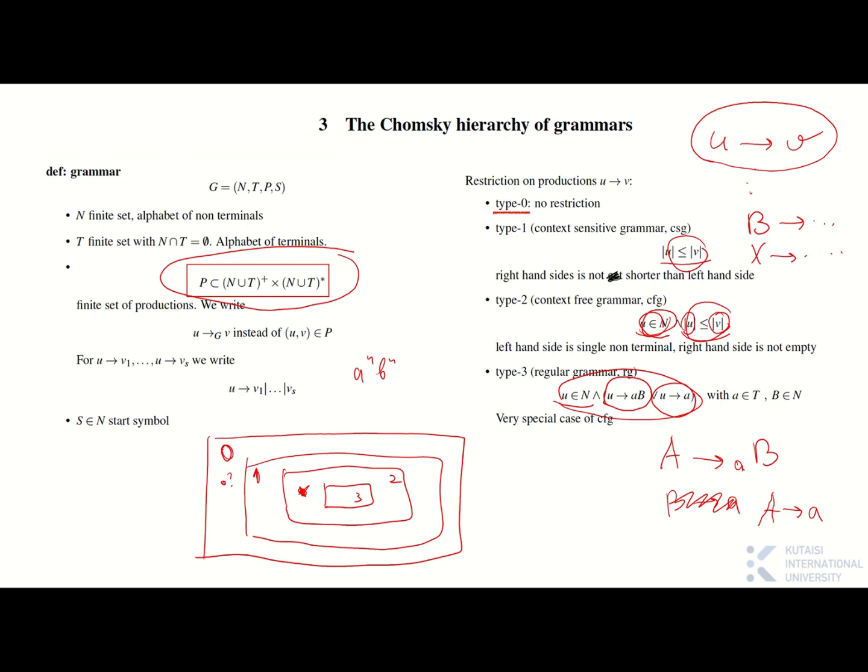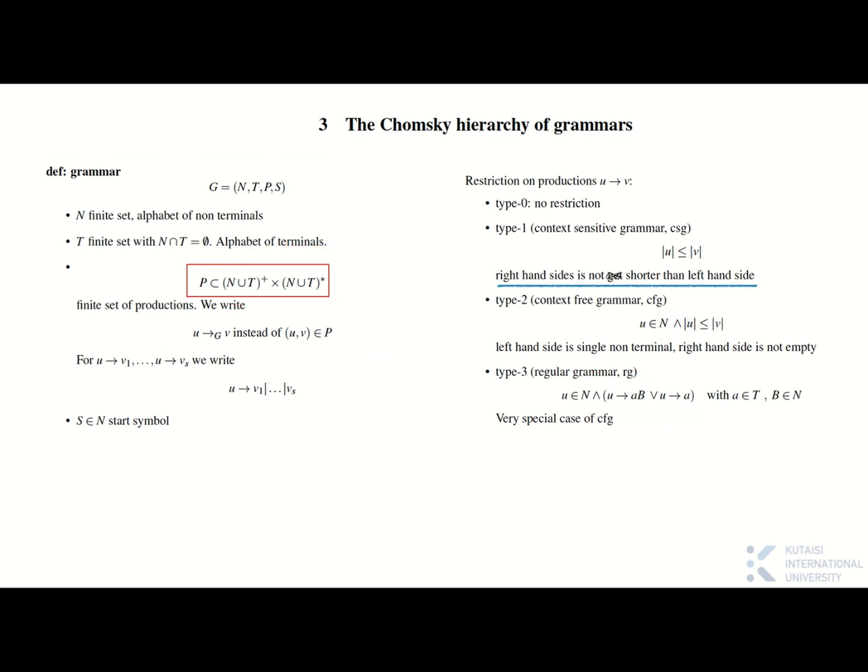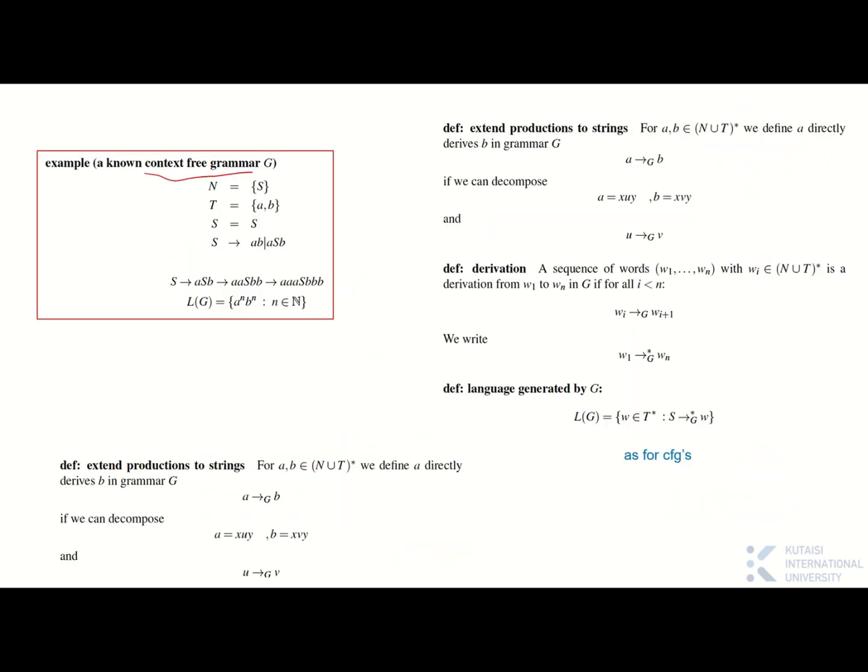The requirement of context-free is that the left side is just a single letter and the right side is longer, not empty. Clearly this works because you only have two production rules like this, and clearly the left side is a single letter and the right side is not empty. So clearly this grammar is context-free.